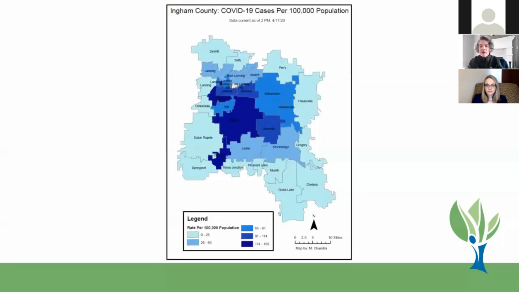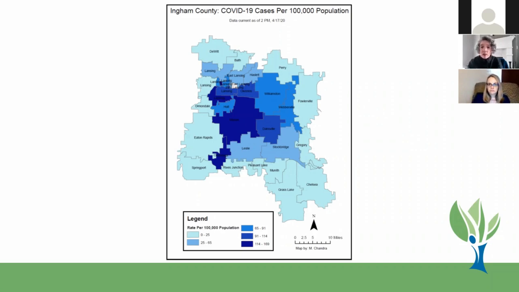But if you adjust those by case or rate for population, what you see is a little bit different picture in terms of zip code prevalence, where, based on the fact that the population is less there, we have a high rate of cases in the Mason zip code, as well as the 48911 zip code.